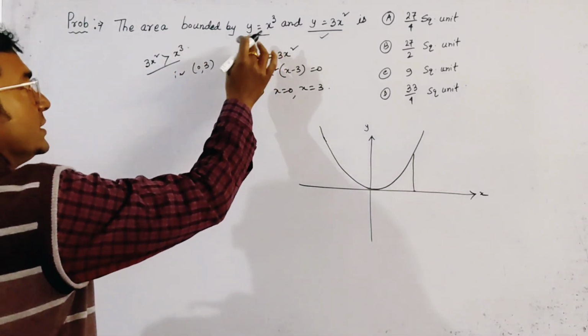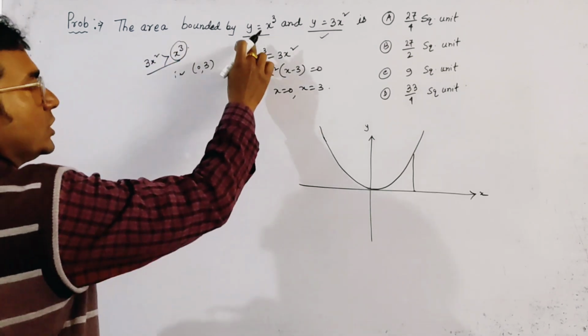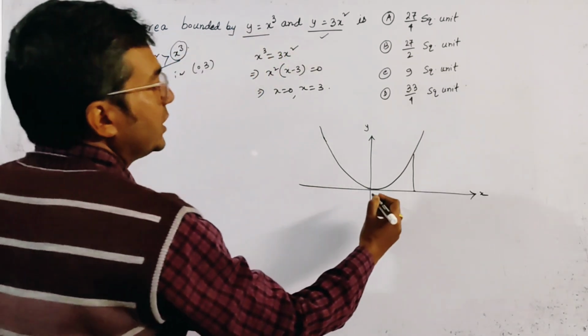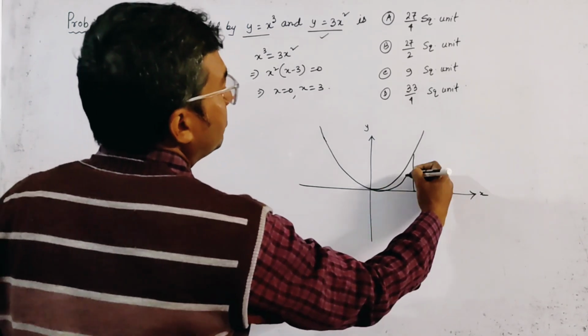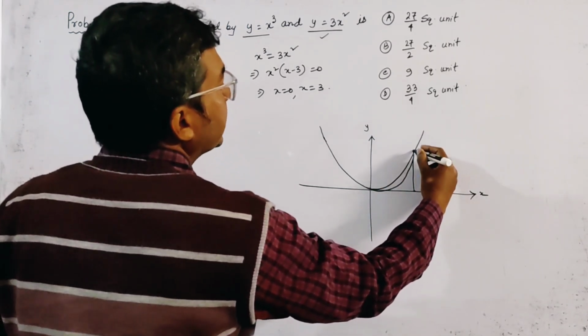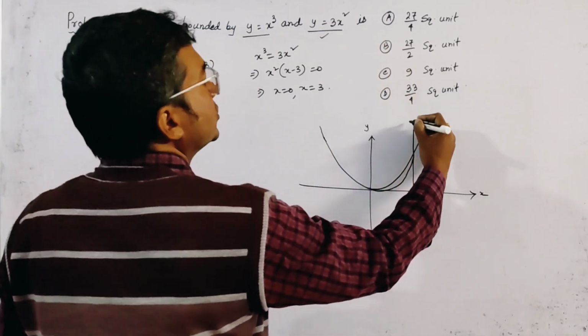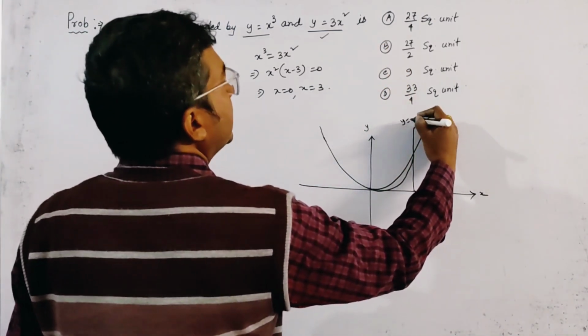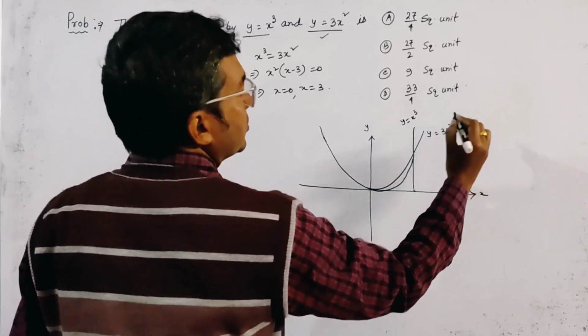Since x cube is less than 3x square, the curve y equal to x cube looks like that. This is on the lower side of 3x square, and then it goes above the parabola. So this curve is y equal to x cube and this curve is y equal to 3x square.